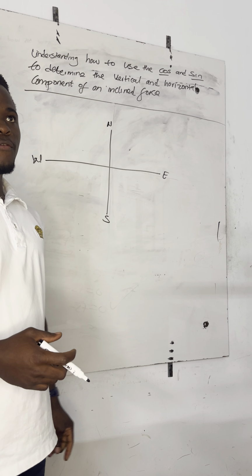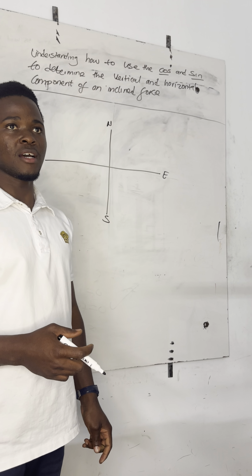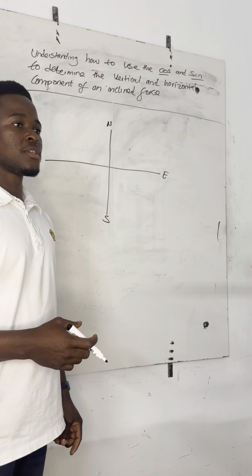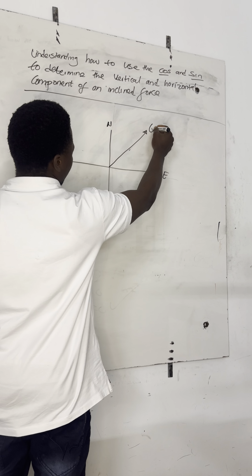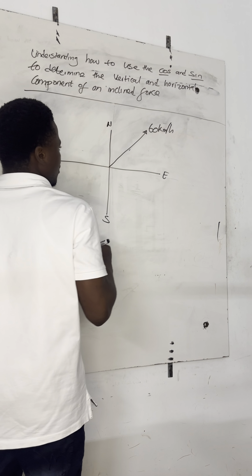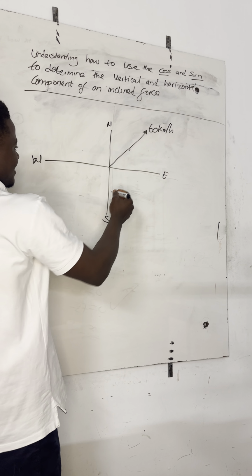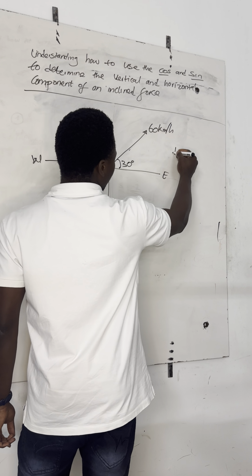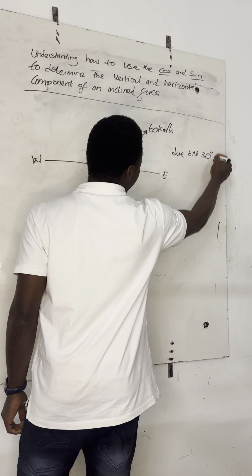Now, if you are being asked in kinematics that a car is traveling 60 kilometers per hour due east north 30 degrees.